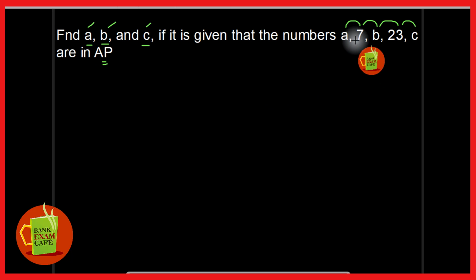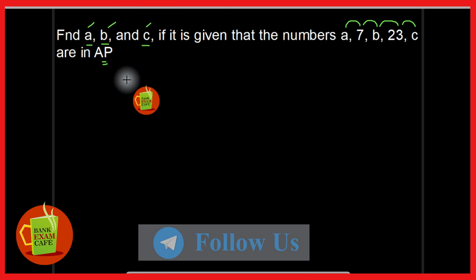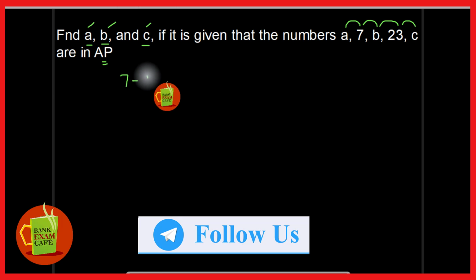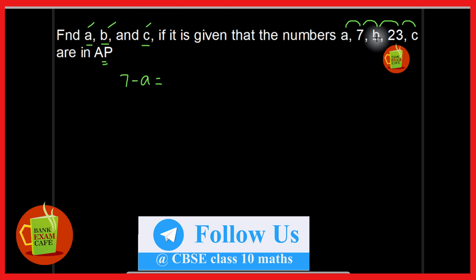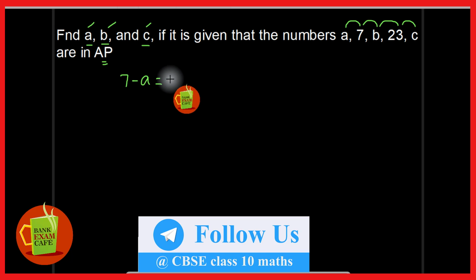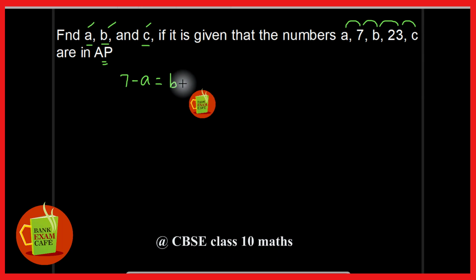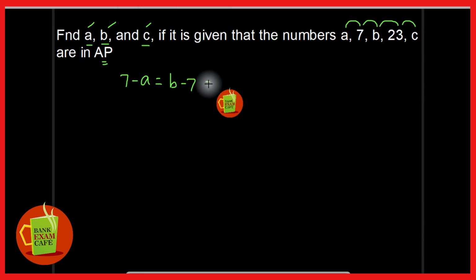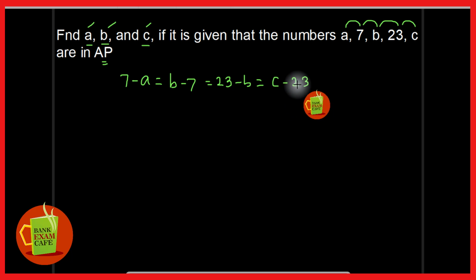So 7 minus A should be equal to B minus 7, which is equal to 23 minus B, which is equal to C minus 23.